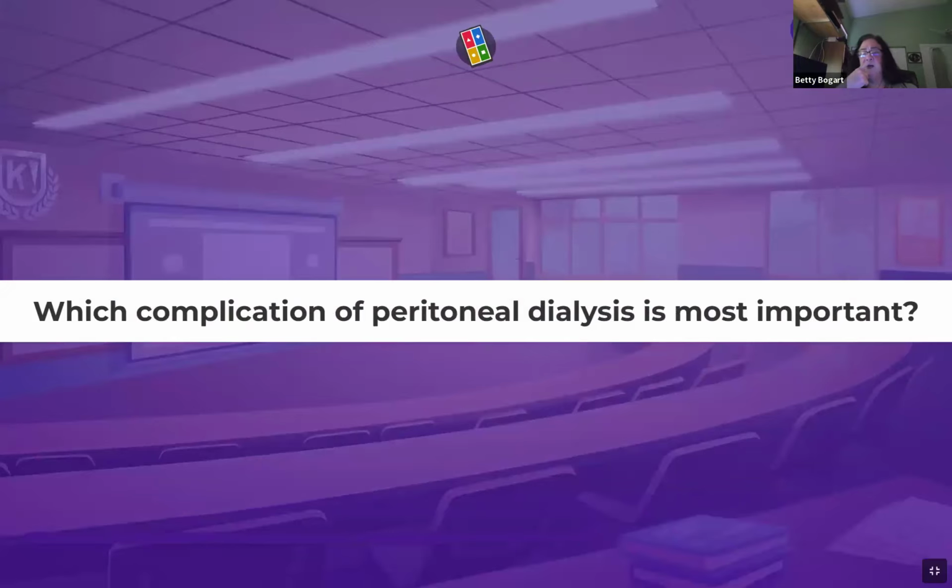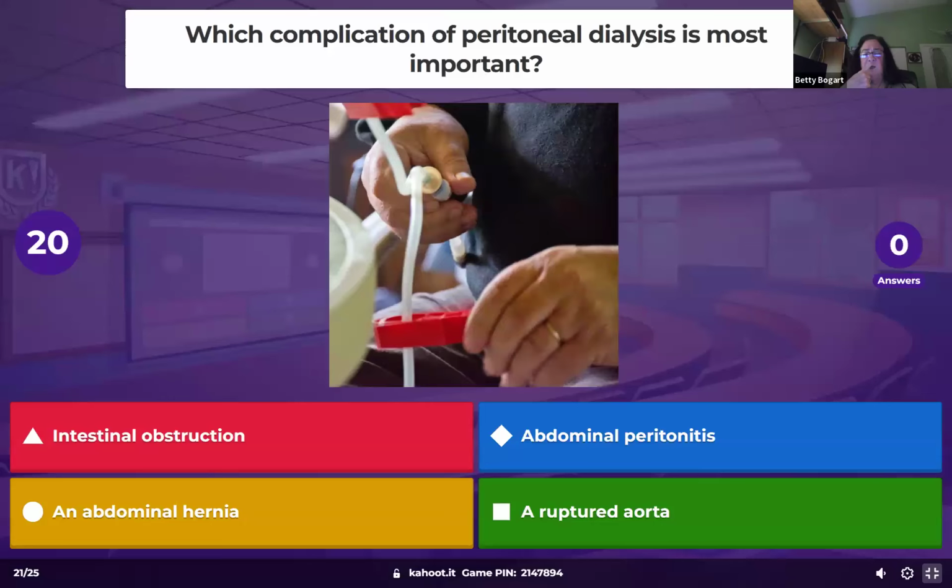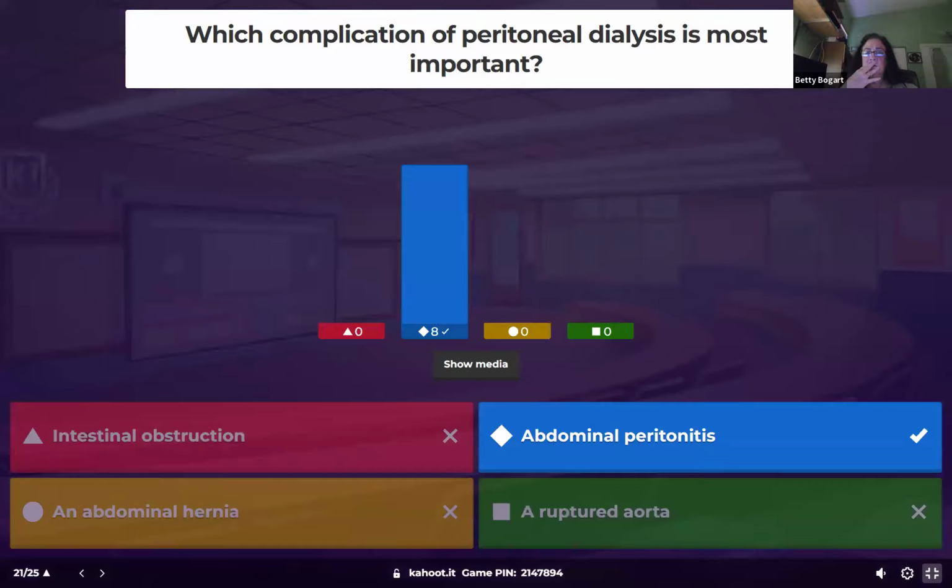What complication of peritoneal dialysis is most important? Peritoneal dialysis, what are you worried about? What are you monitoring for? Peritoneal dialysis is a catheter that goes into the peritoneal cavity.